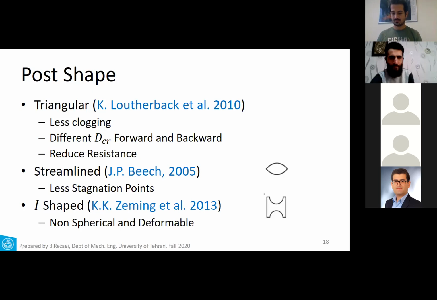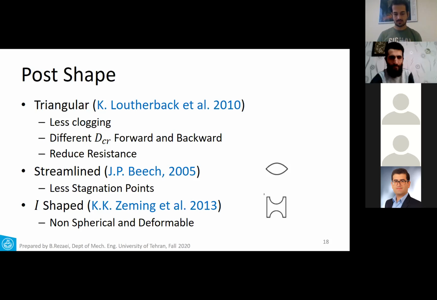As the triangular post is not symmetrical, in the forward pass versus the reverse pass there is a different critical diameter, so you can use the very same device for two critical diameters.